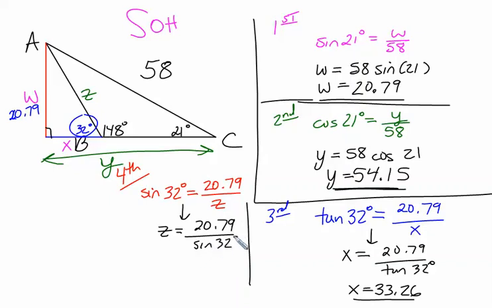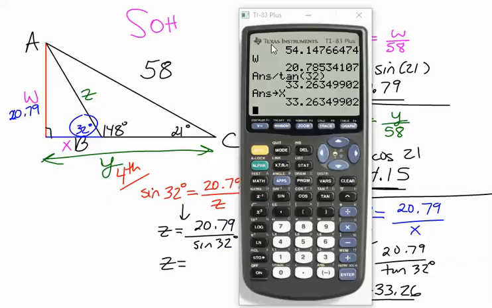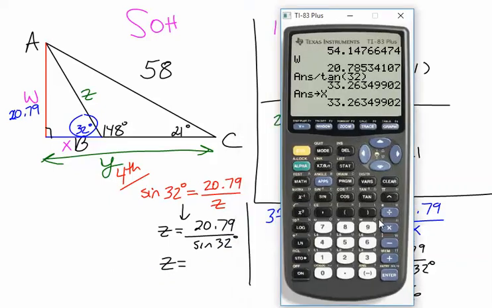Now, if you need to show a little bit more work on that, go for it. But if you understand where that's coming from, what I showed is fine. We will now turn our attention to the calculator, keeping in mind that we're starting with w, and we're now going to divide it by the sine of 32. And our answer comes out to be that which we will store as z, alpha z, z is above the 2 key, and 39.22 is that value.